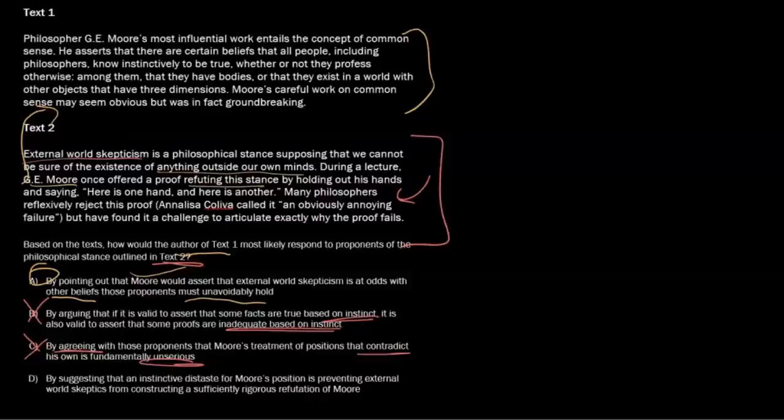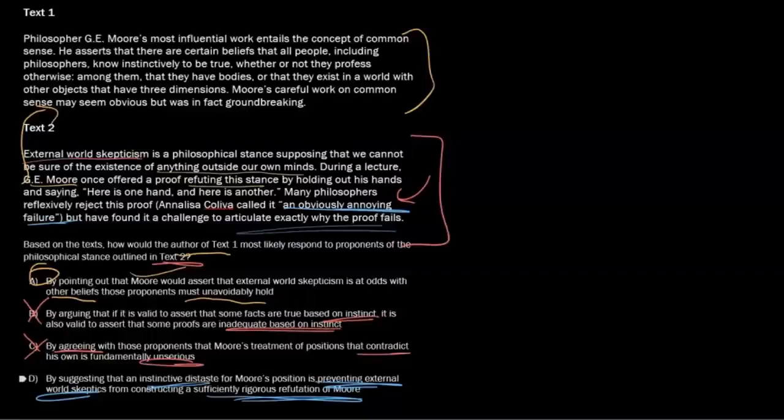Now, our last choice here: by suggesting that an instinctive distaste for Moore's position is preventing external world skeptics from constructing a sufficiently rigorous refutation of Moore. Now, she's calling an obviously annoying failure, right? And they haven't found out how to refute it exactly. But I would say that this is not the answer, right?